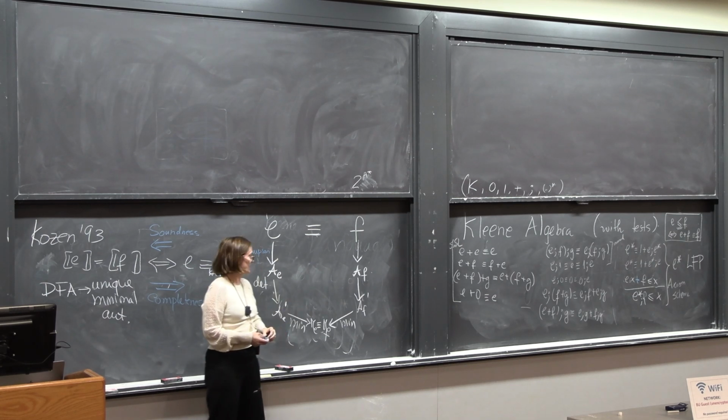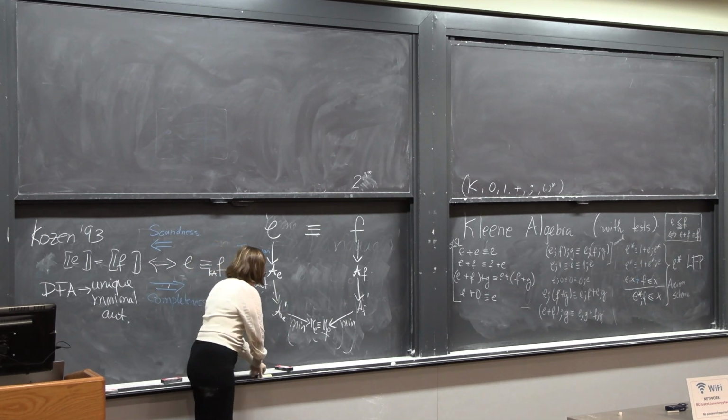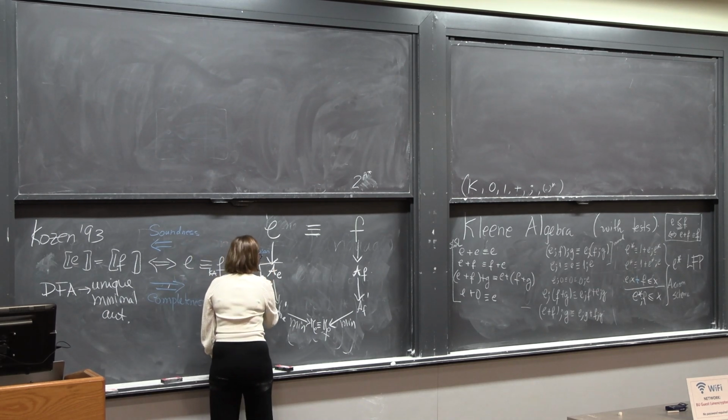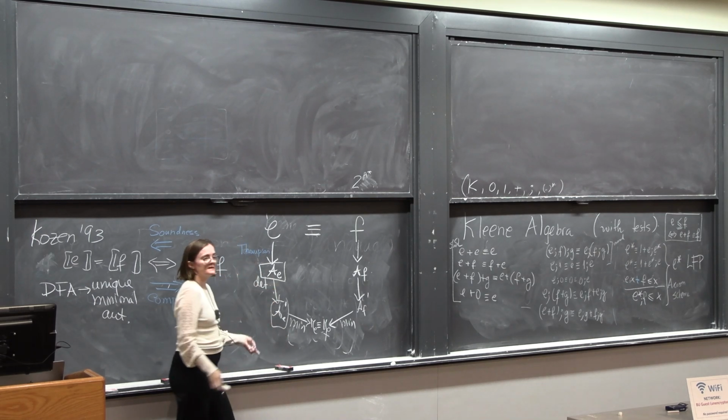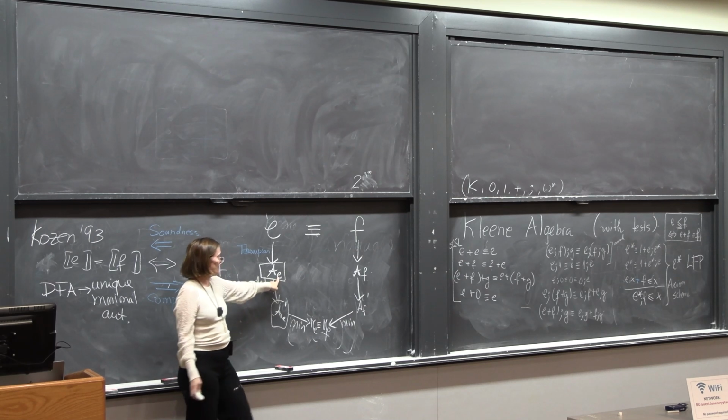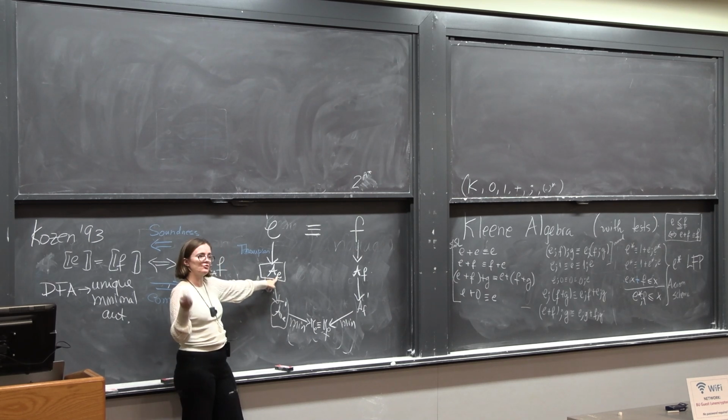So how does he do that? Well, this is where matrices come into play. So every single object in this little diagram is a matrix. And not only is it a matrix, remember how yesterday when we were building the automaton, the states themselves had expressions? The names of the states were expressions.